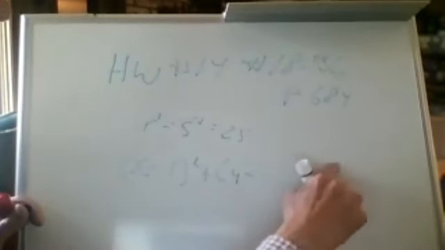So the equation is x minus 1 squared plus y minus negative 1 squared plus z minus 3 squared equals 5 squared. That's x minus 1 squared plus y plus 1 squared plus z minus 3 squared equals 25. That is the equation, and therefore that's true. Okay.